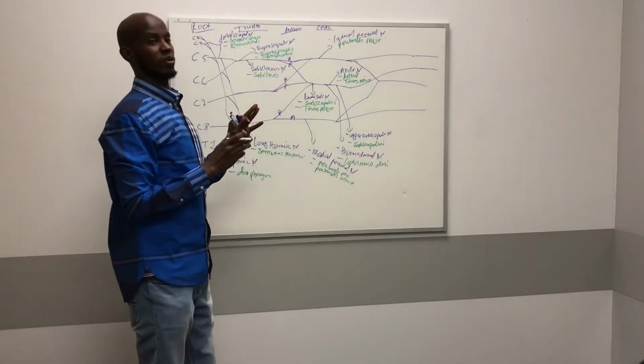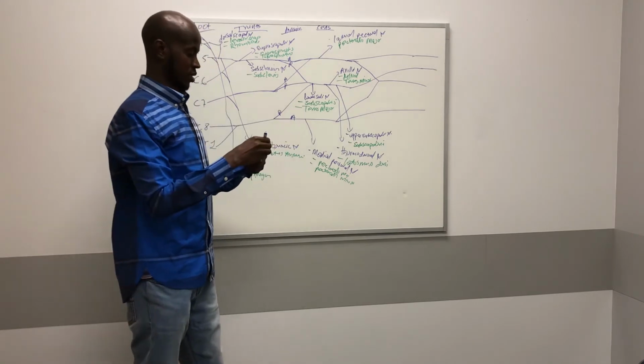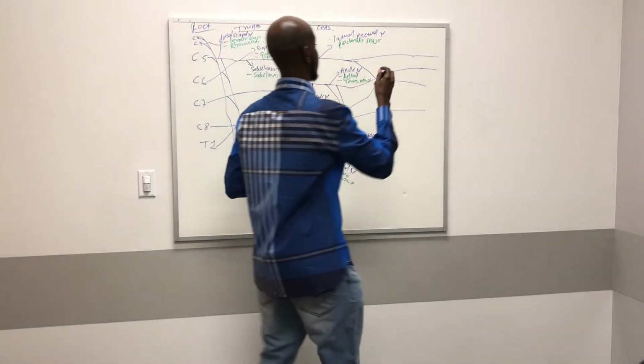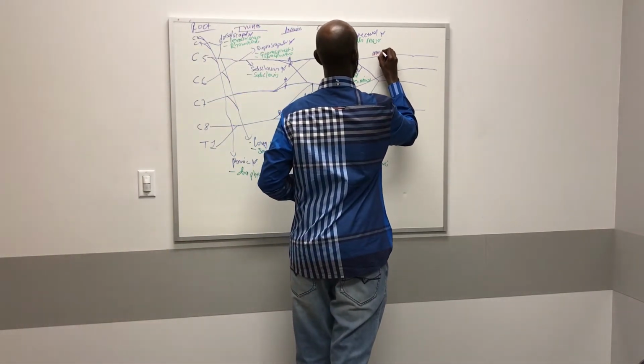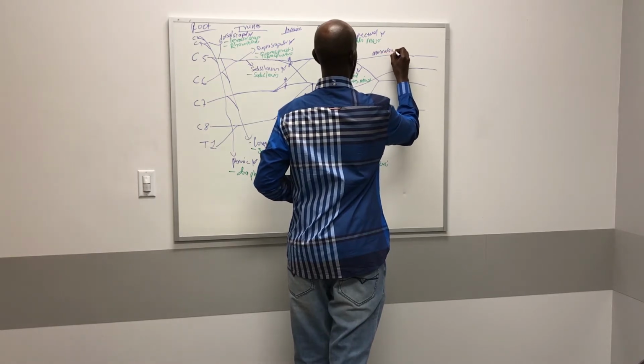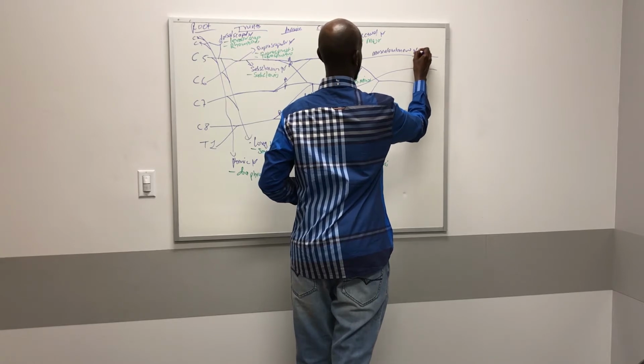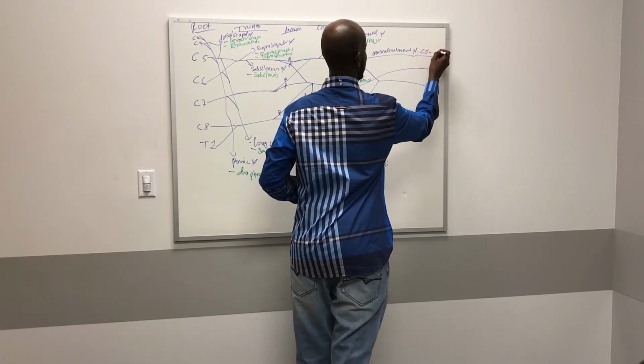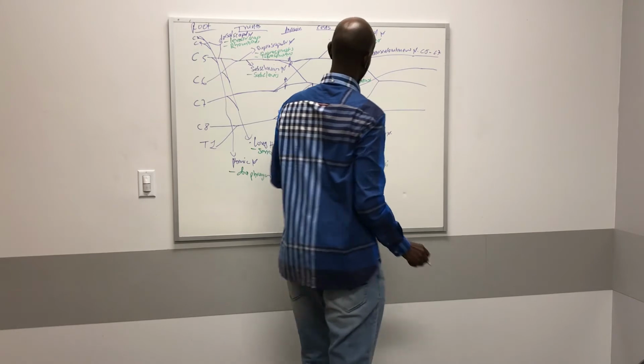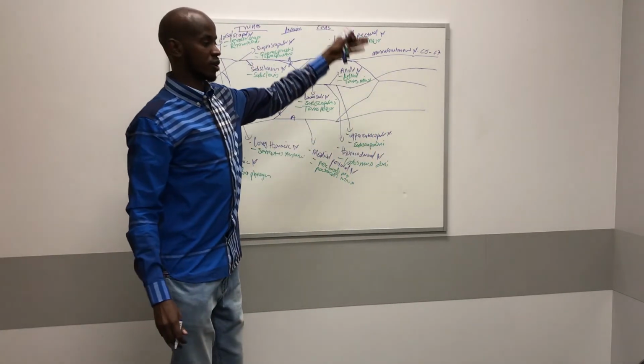Those are called terminal branches of the brachial plexus. Let me write down their names. This is musculocutaneous nerve. We are moving from lateral to medial.